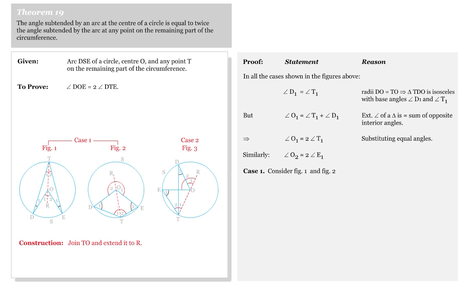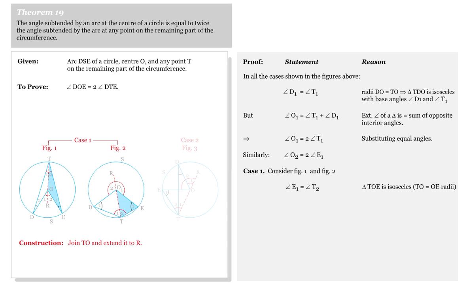For case 1, consider figures 1 and 2. Angle E1 equals angle T2, since triangle TOE is isosceles. The radii TO and OE are equal in length.